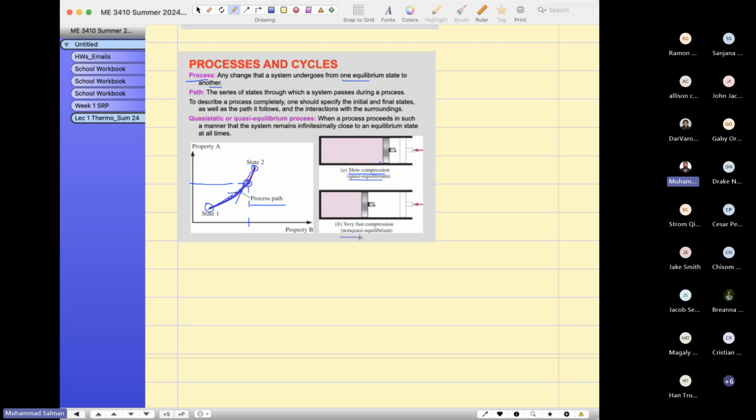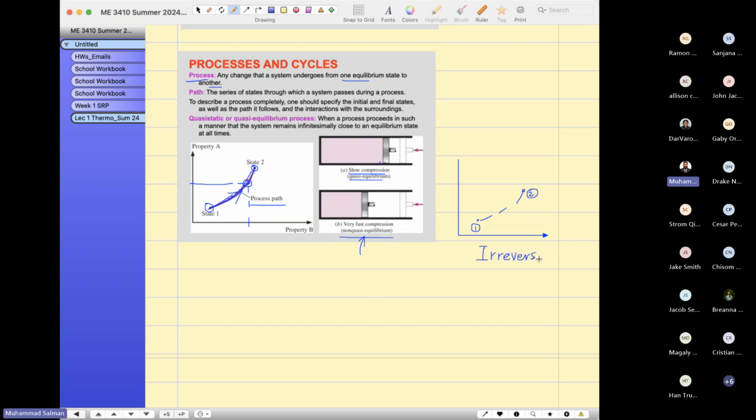But when you have a dotted line, let me show you, when you have the same process from 1 to 2 with a dotted line, only the initial and final states are at equilibrium, but the process in between cannot be traced. This is known as a non-quasi-equilibrium process, or irreversible process.